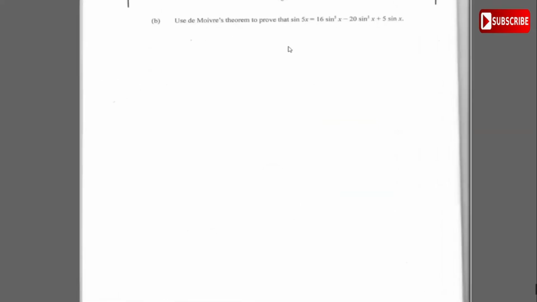Moving right along. This question asks us to use De Moivre's theorem to prove that sine 5x is equal to 16 sine to the 5th x minus 20 sine cubed x plus 5 sine x.